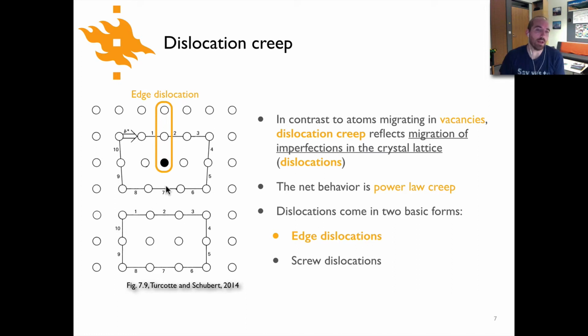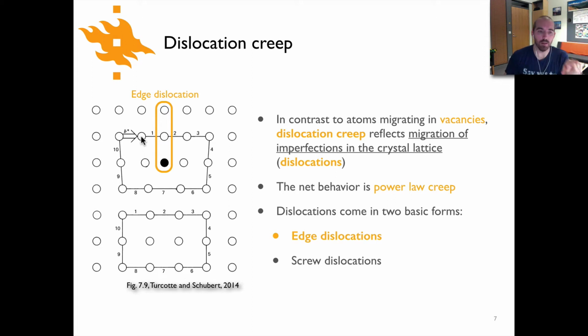Now where we have this edge dislocation, we basically have an extra set of atoms in the structure. And in this case, you can see that by moving 3 atoms over, 2 down, 3 atoms over, and 2 up, we don't return to the original starting spot, but we still have 1 extra vacancy or 1 extra point that we would have to move to in order to go back to our original starting place.